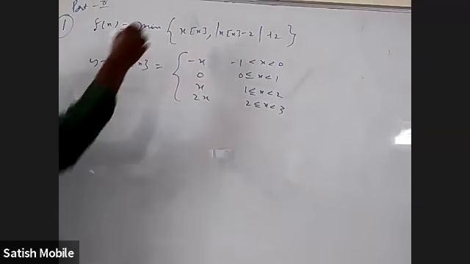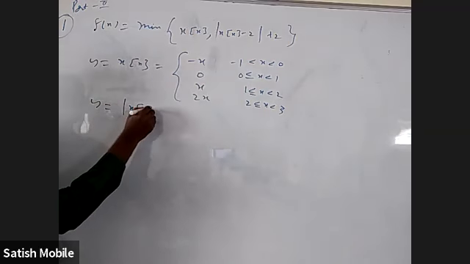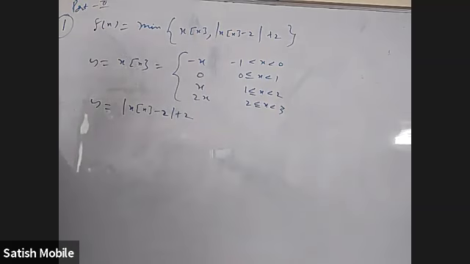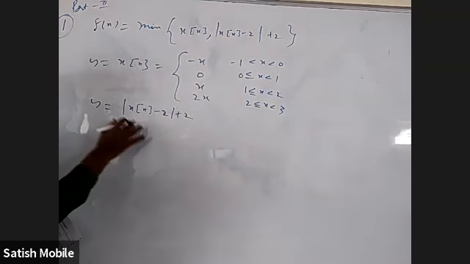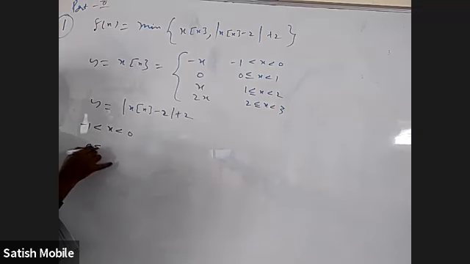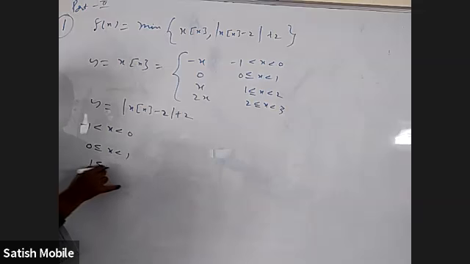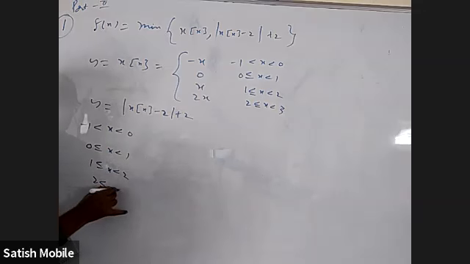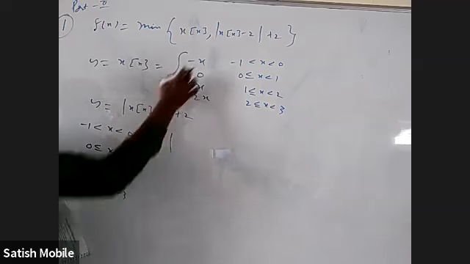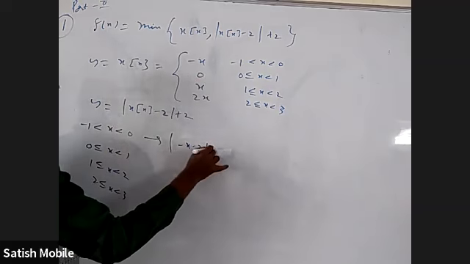Let me take now the second one, mod of x into integer part of x minus 2, plus 2. If I want to understand this, take minus 1 less than x less than 0, 0 less than or equal to x less than 1, 1 less than or equal to x less than 2, 2 less than or equal to x less than 3. During this time, this will become, as we already know, mod of minus x minus 2, plus 2.